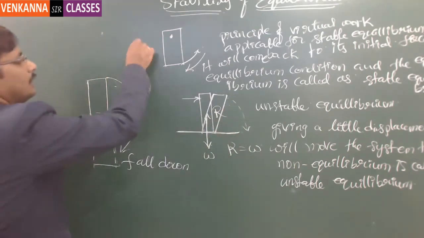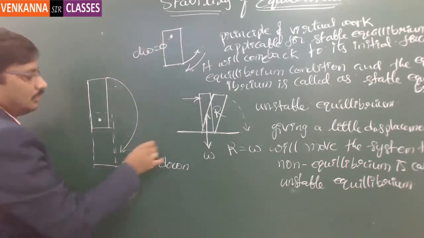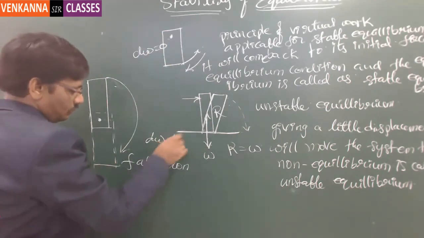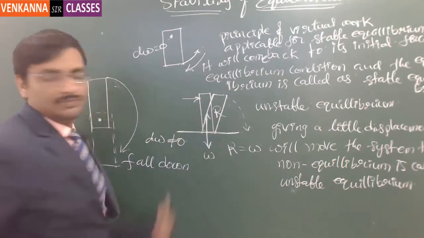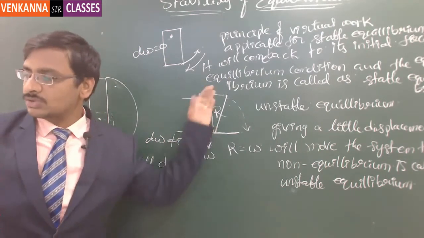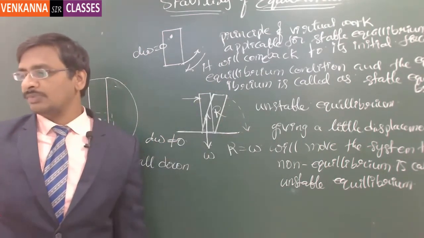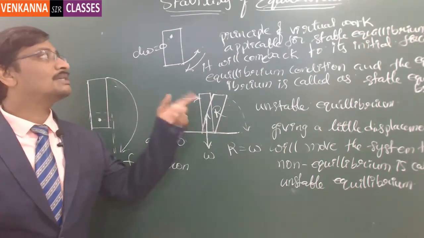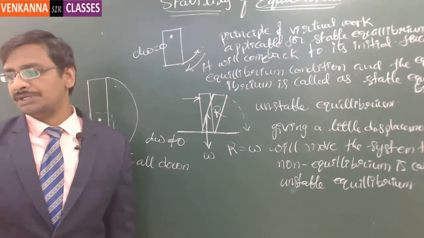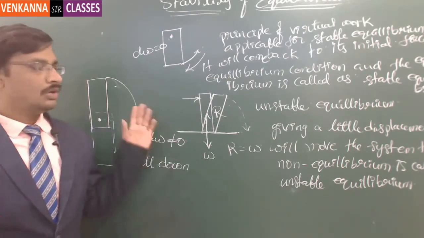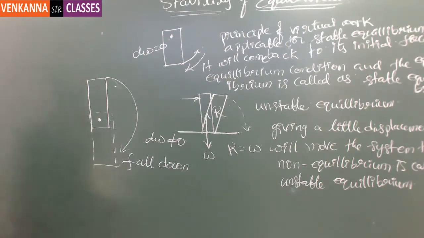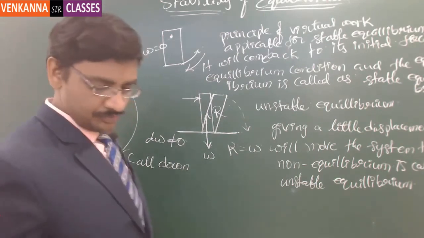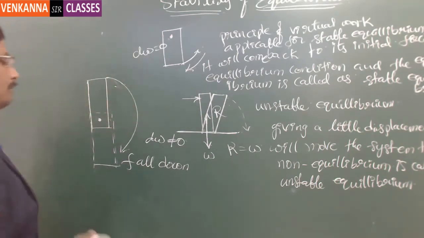Here the dW you have given is 0, but dW is not equal to 0 as it keeps moving further. The energy keeps being released so that it falls down like this. Got it? So this is the application of the principle of virtual work for the stable equilibrium condition. You can note this down. Now, based on this understanding, how can we state neutral equilibrium?